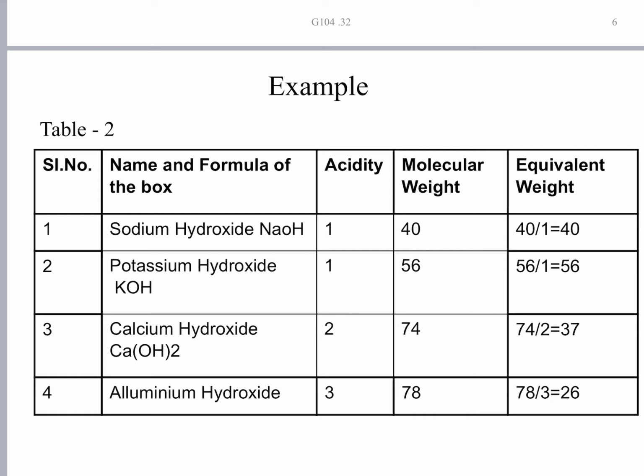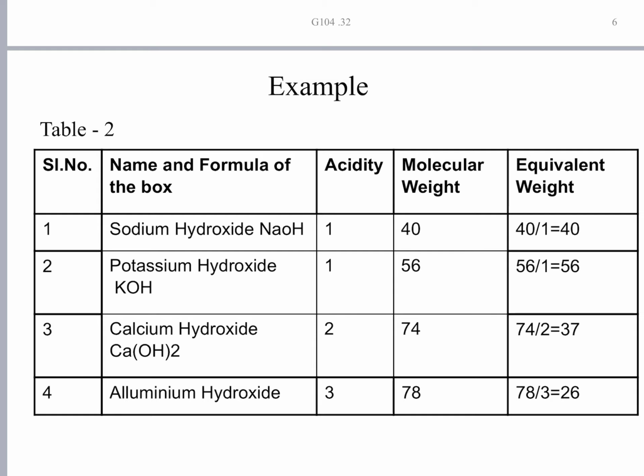The molecular weight of KOH is 56, and the equivalent weight of KOH is gram molecular weight by its acidity, that is 56 by 1, 56 grams itself. KOH is also a monoacidic base, so its molecular weight and equivalent weight are the same, as you can see from the table.